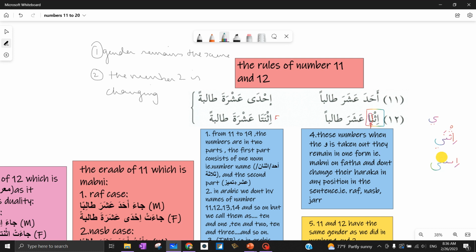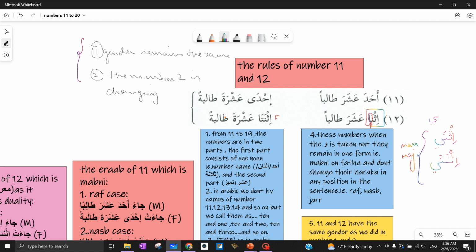Ithnatai. The ta will be there to represent the femininity. So this is in marfu, and mansoob and majroor case. So this is the difference, and these two are the similarities between 1 and 2.